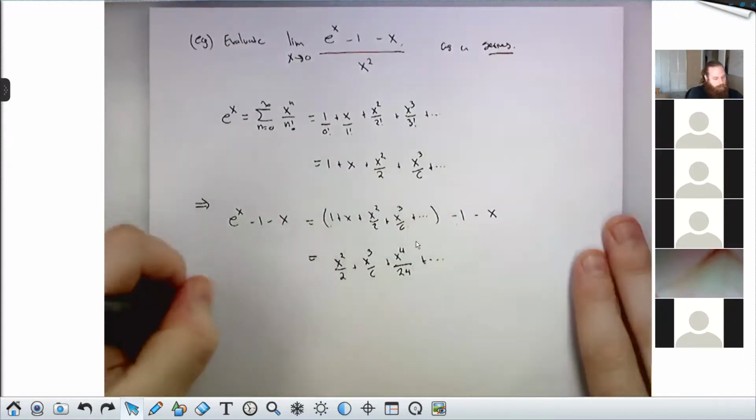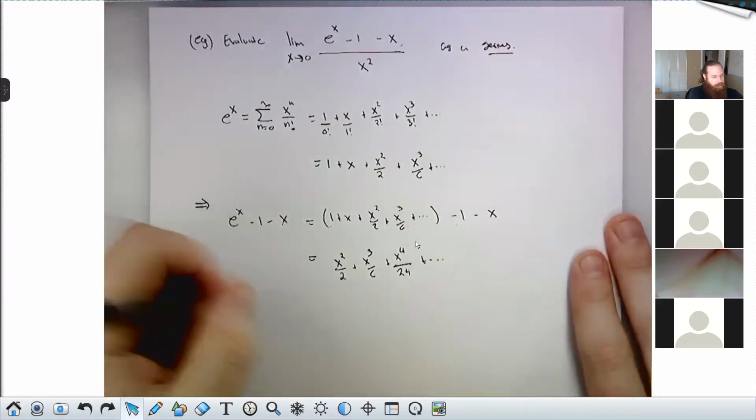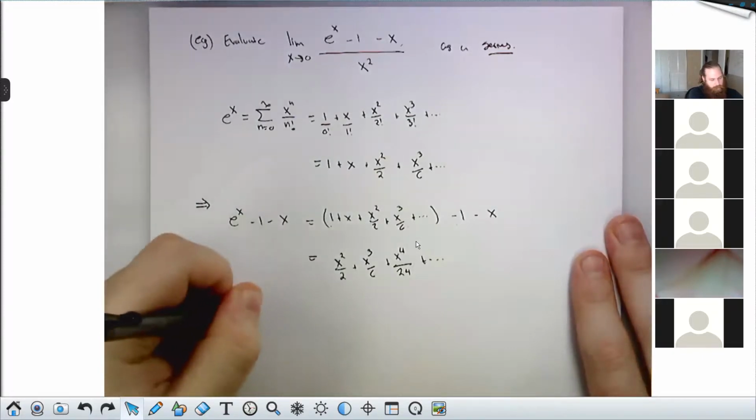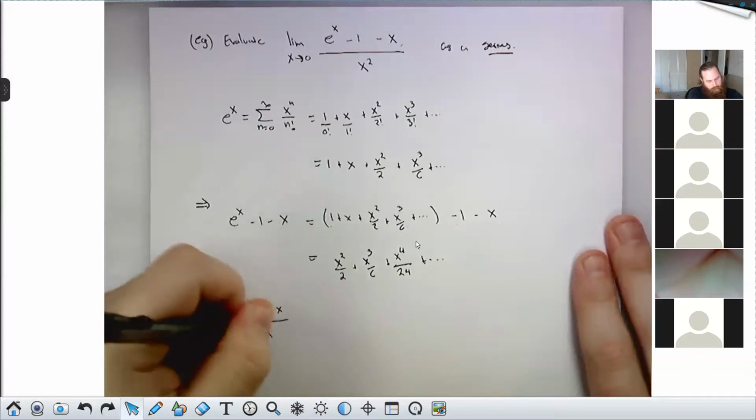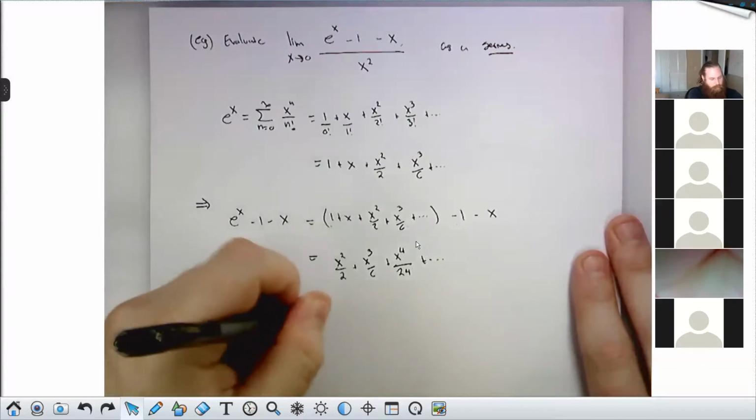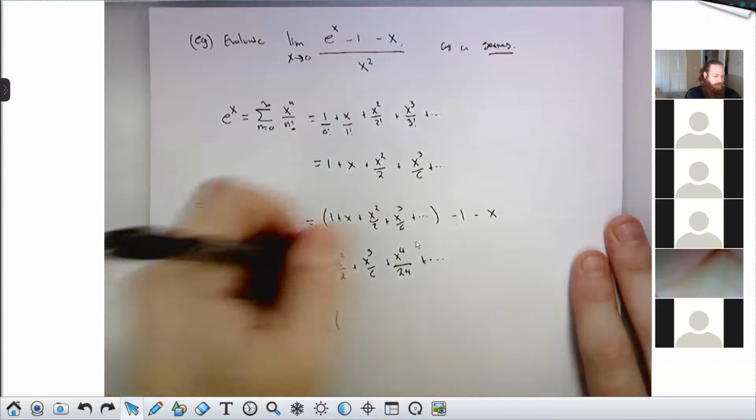So now, if you divide everywhere by x squared, that's 1 over x squared times this.